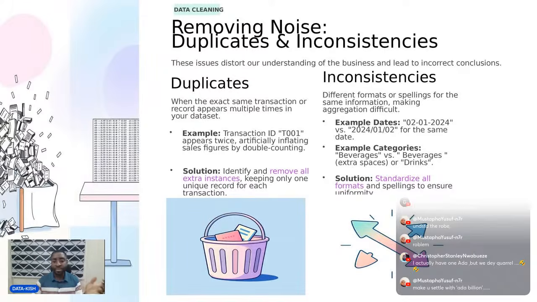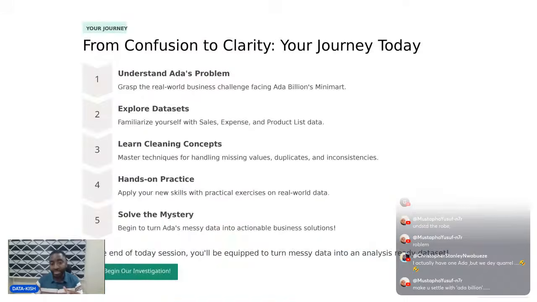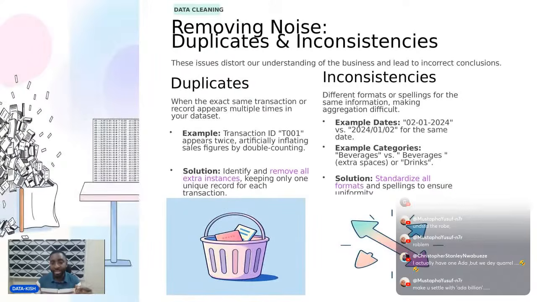And then inconsistencies could exist, like date entries. This is one huge example. Maybe one of the shop assistants entered the date in this format that you can see here, where the month was entered first, followed by the day and the year. And then in this other format, the year was entered first, followed by the month and the day. So we have to make this consistent.